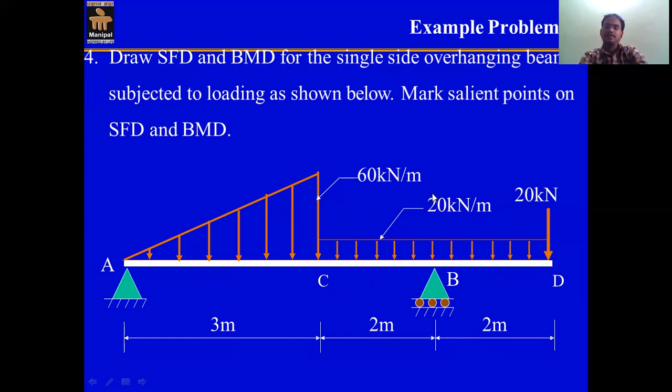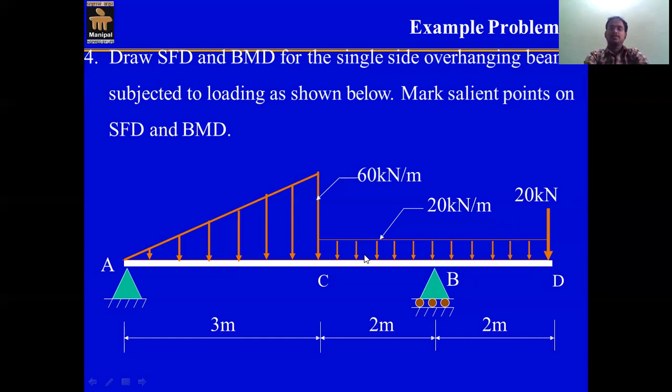The UDL, uniformly distributed load, takes place at the center. The centroid will be at the center. The length is 4, so at a distance of 2 from C, the UDL will act. 20 kilonewton is acting at the free end D. This is 20 kilonewton. 3 meters, 2 meters, 2 meters.